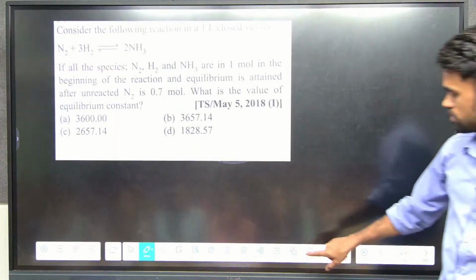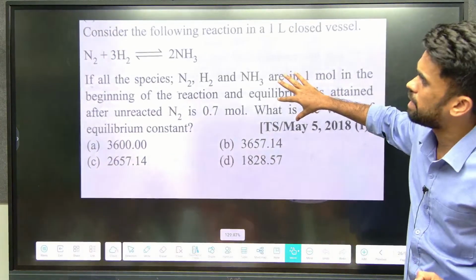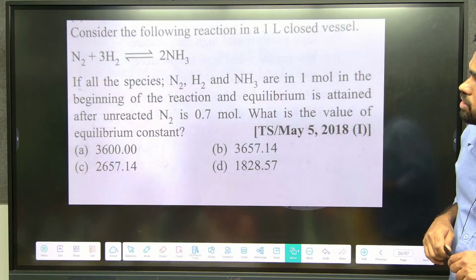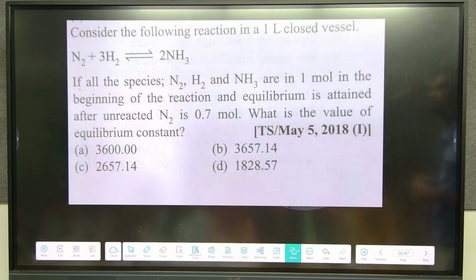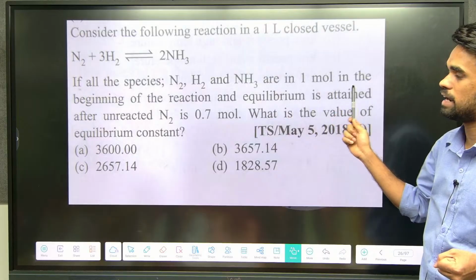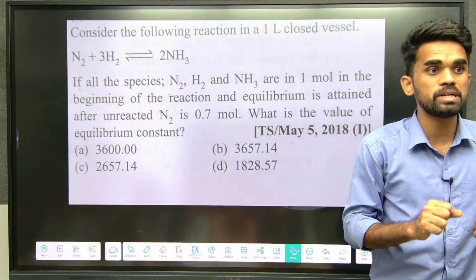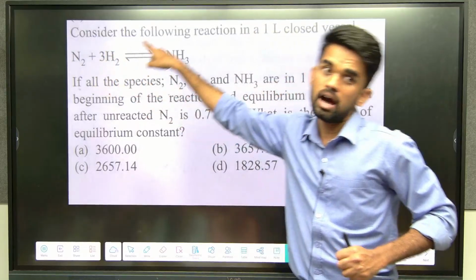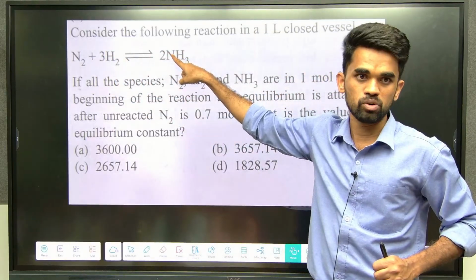Do this. Yesterday at the end of the class I gave this, but I don't know whether you did it or not. Once read the question. Consider the following reaction in a closed vessel. If all the reacting species N2, H2 and NH3 are in 1 mole at the beginning. N2 is 1 mole, H2 also 1 mole, ammonia also 1 mole.